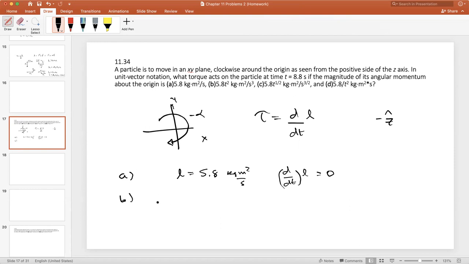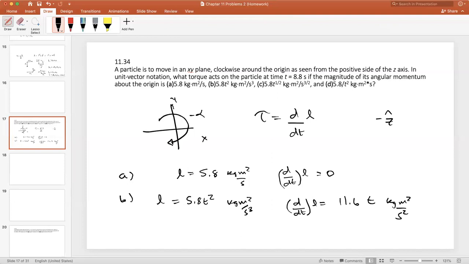For B, and I'll let you do the rest of these, L was 5.8 t squared, kilogram meter squared over seconds cubed, right? If I take the time derivative of this, I get 2 times 5.8, which is 11.6 times t, kilogram meters squared over seconds squared.